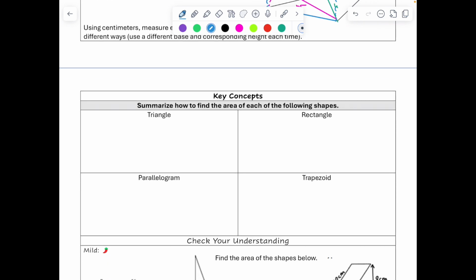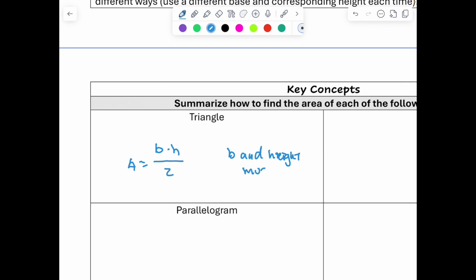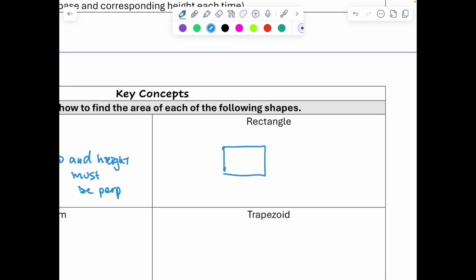Summarize how to find the area of each of the following shapes. We've got a triangle that is base times height divided by 2, and the base and height, that's spelled wrong, height must be perpendicular. For a rectangle, just the base and the height.